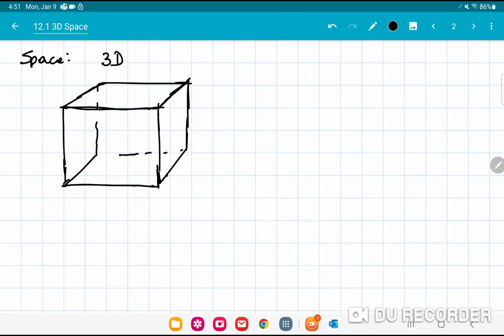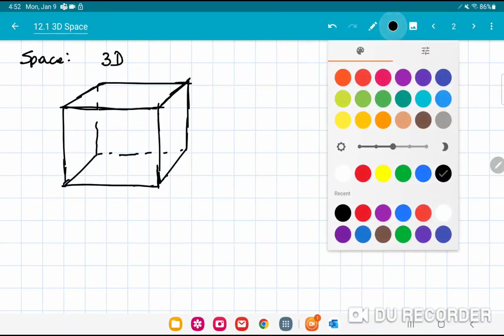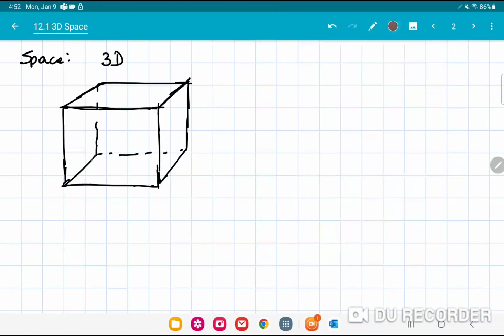So here I have just a box, and it's rectangular, meaning things are all perpendicular to each other. So we can see that these two lines are perpendicular. These two lines are perpendicular.